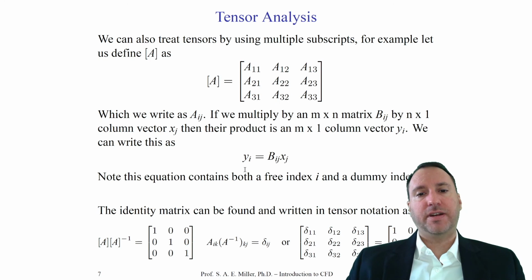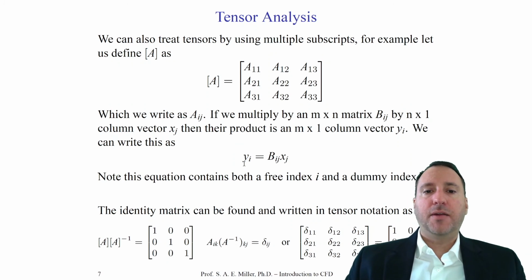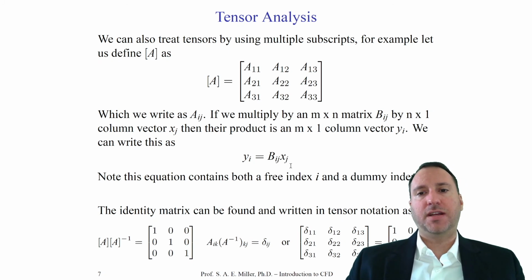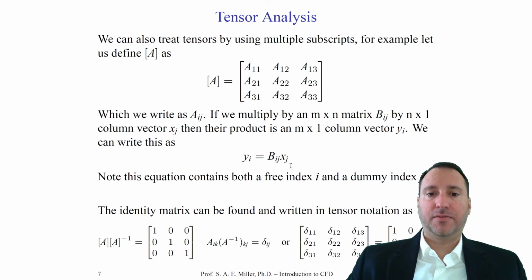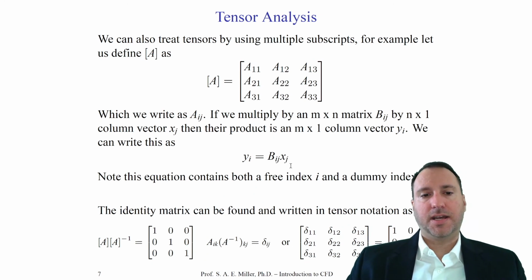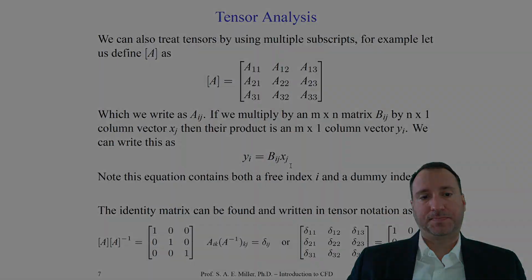We are free to select any i for any element in y sub i, and we're summing over j, which disappears from the equation. So we would sum from j equals 1 to n in this case. Previously, we were just looking at 3-dimension summations. In this case, it's a summation over n.